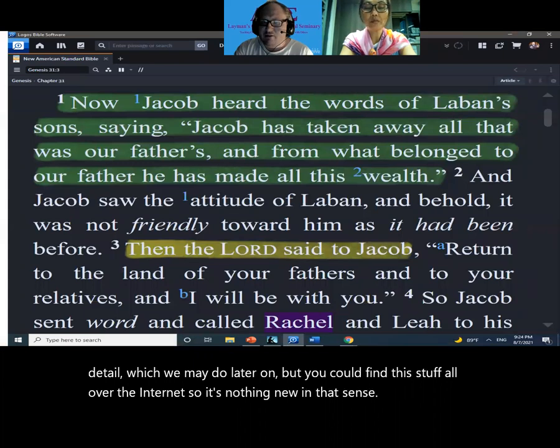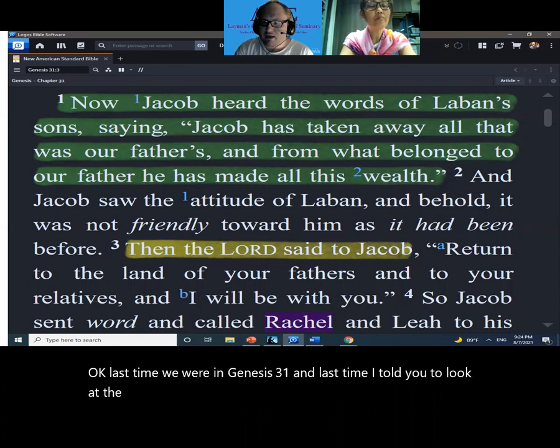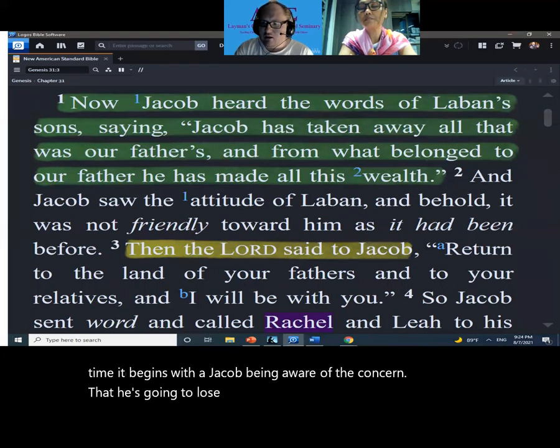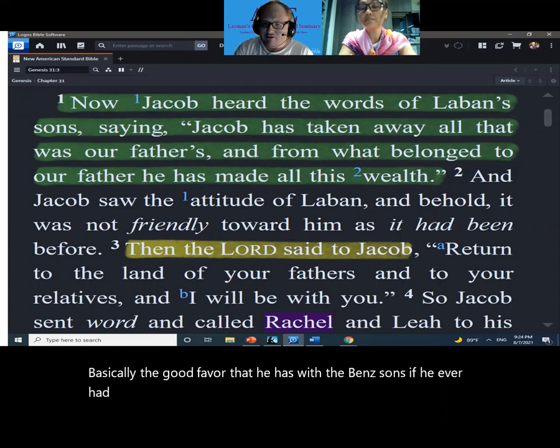Last time we were in Genesis 31, and I told you to look at how Genesis 31 begins and how it ends. It begins with Jacob being aware of a concern that he's going to lose the good favor he has with Laban's sons, if he ever had good favor in the sense of the word.